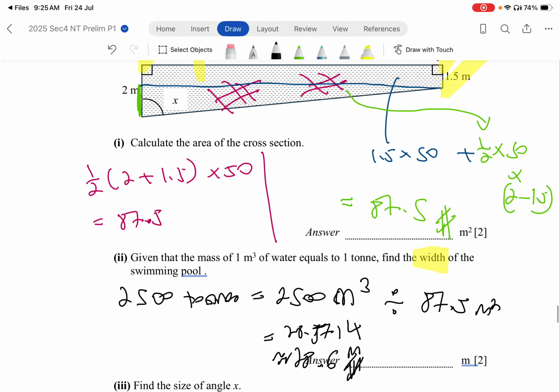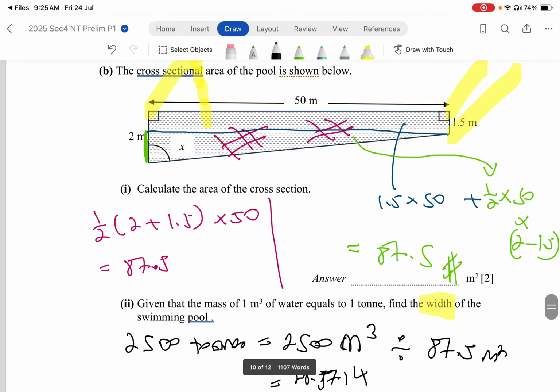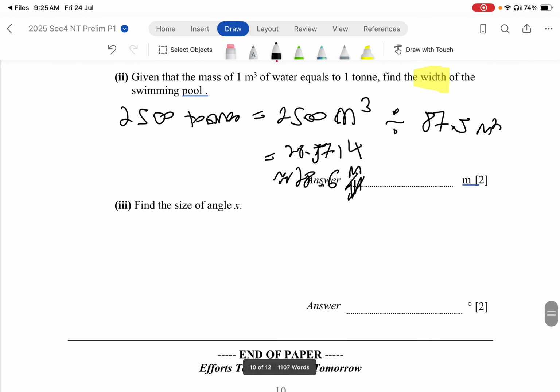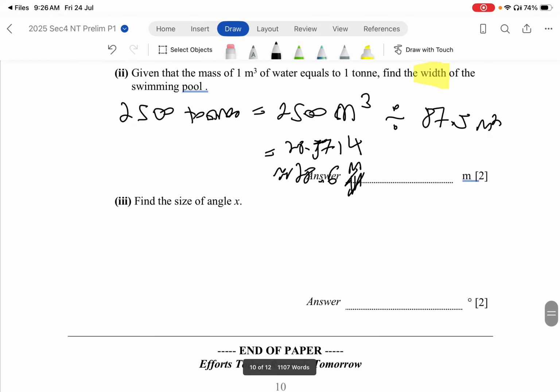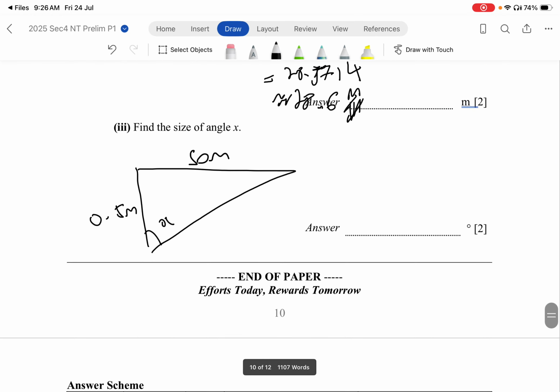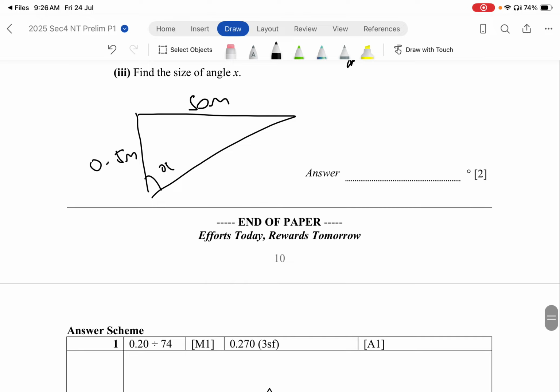Okay, for this. Then the size of angle x. So angle x is here. Technically, the triangle is a bit like this for angle x. This is 0.5 meter. This is 50 meter. So the angle will use tangent. Tangent x equals opposite over adjacent, 50 over 0.5.